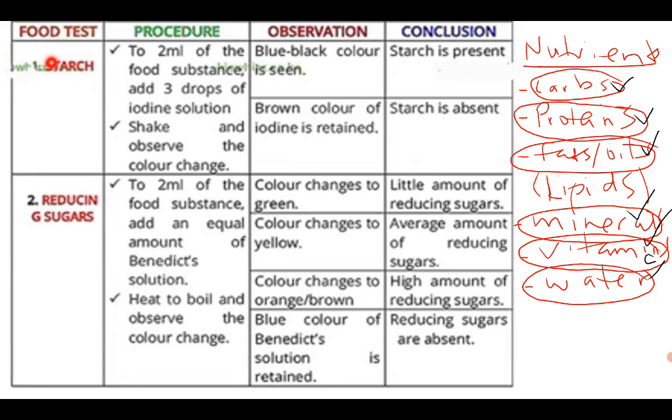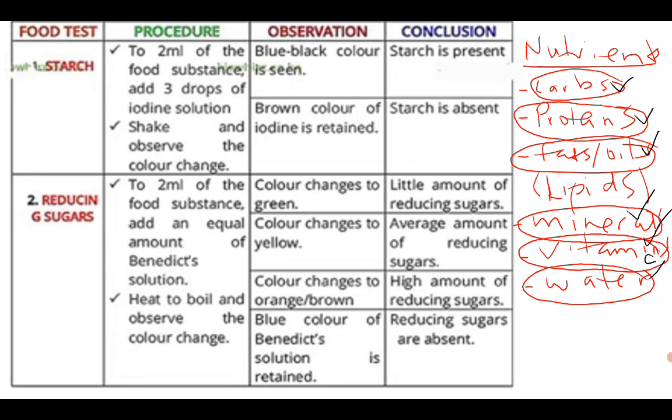One of the food nutrients is starch. Starch belongs to a nutrient called carbohydrate. Starch is a carbohydrate. We have other carbohydrates like glucose and sucrose, which is a common sugar.